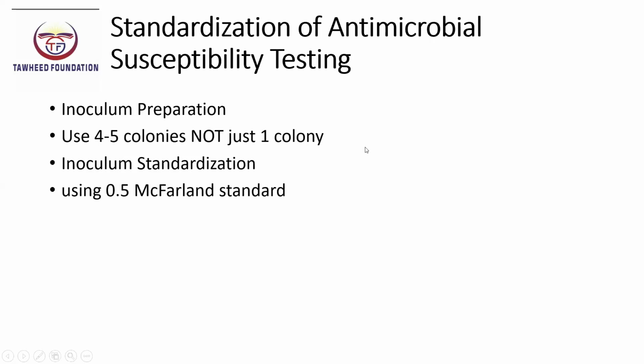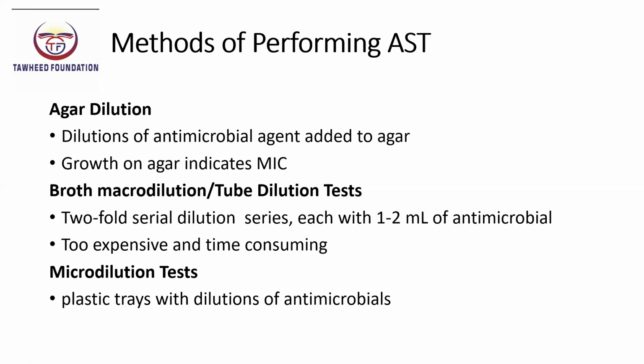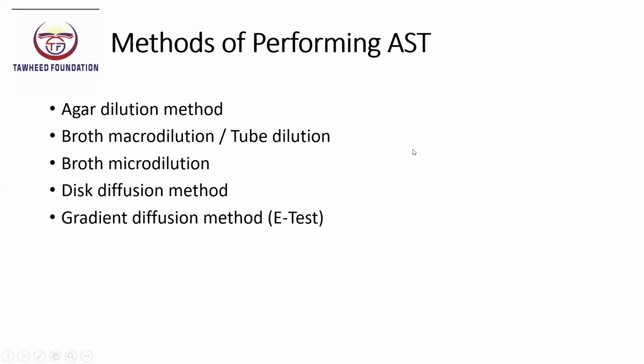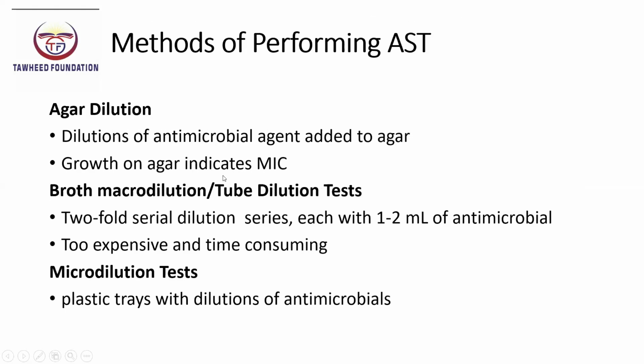Next is standardization. For inoculum preparation, use 4 to 5 colonies, not just one colony. Inoculum standardization is a must, using the McFarland 0.5 standard for susceptibility testing. These are the methods as I mentioned earlier: agar dilution, broth macrodilution or tube dilution, disk diffusion, and gradient diffusion.